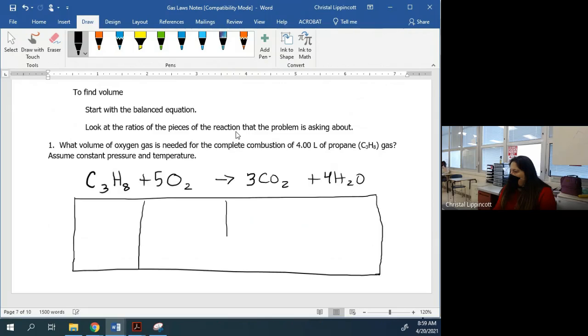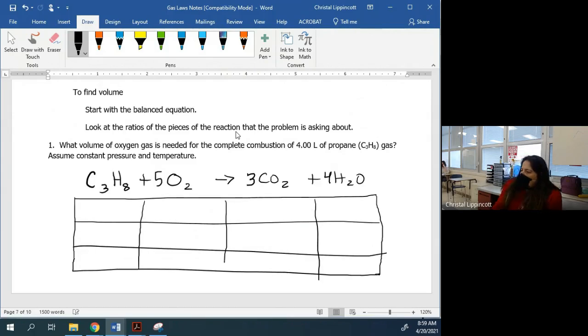Since we've got volume here, we can actually put volume in the holes. They're telling us that we have 4 liters of this. So we just run this the same way we would regular stoich, except instead of moles in the holes, we can have liters in the holes now.